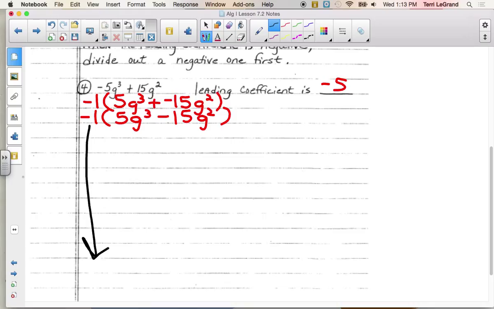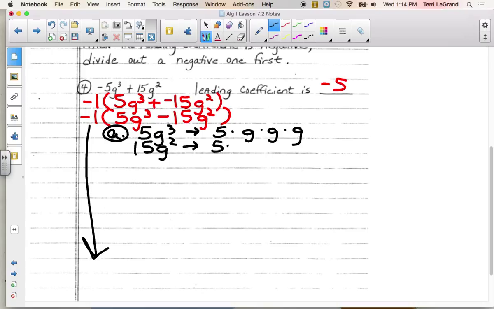So for right now, we're going to do our step A, which says factor each of these terms. Remember, we don't worry about that subtraction there. So we factor each of those terms, because we're looking for the GCF.